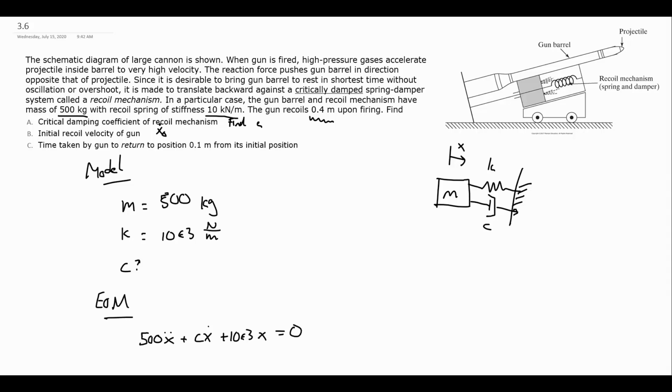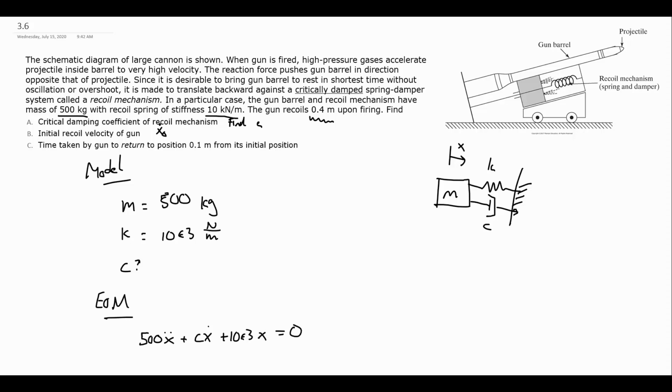It's going to travel a maximum of 0.4 meters, and then it's going to come back to its equilibrium position. So we already know that by the design of this, that it has 0.4 meters of travel. So we want to see how fast is the initial velocity of the recoil mechanism if this is indeed the case. So this is more kind of an as-built evaluation of it.